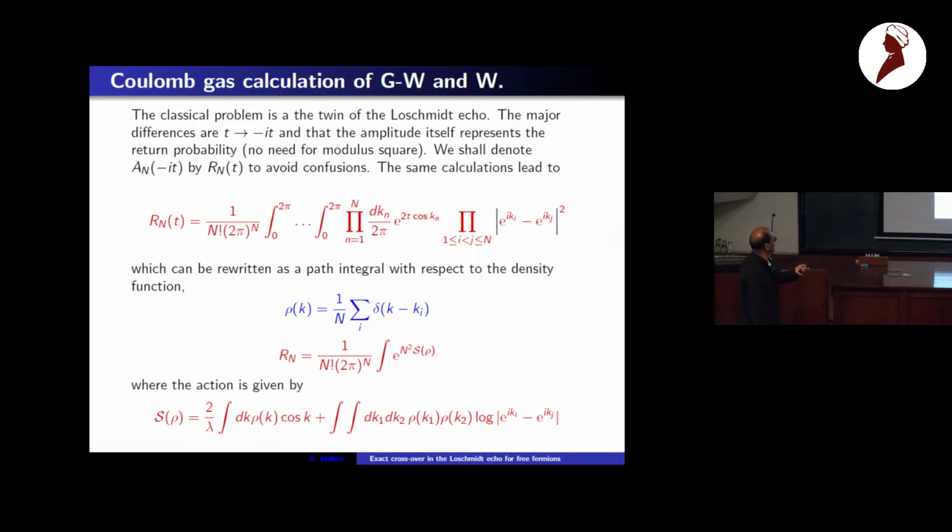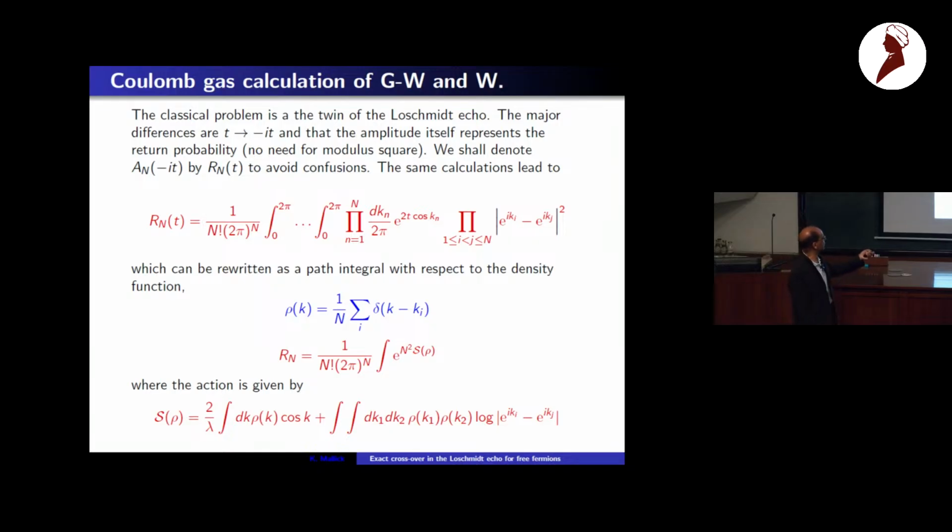So one way to analyze this big integral is to write it as a kind of path integral and go to this Coulomb gas method, which is dear to Satya, Grigori, and other people in the audience. And instead of writing this integral as a finite integral, we go to n large. I do it in a hand-waving way, but this can be done very cleanly. So you'll have here a sum of 2t cos k, which will become an integral of dk rho(k) cos k, where rho(k) is the empirical measure of the k_i's.